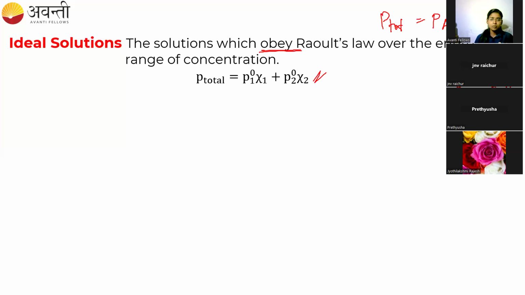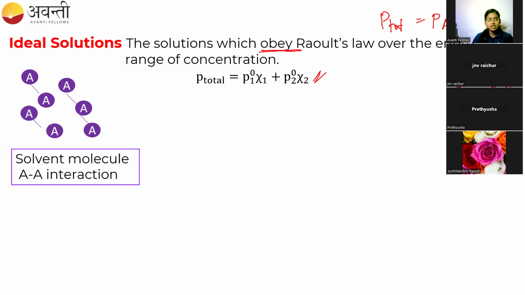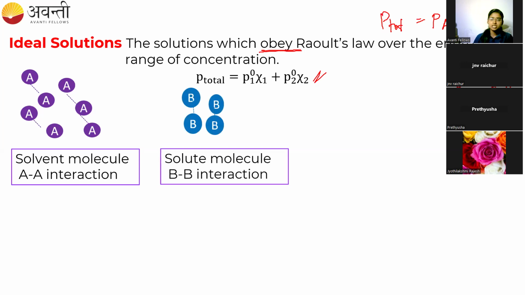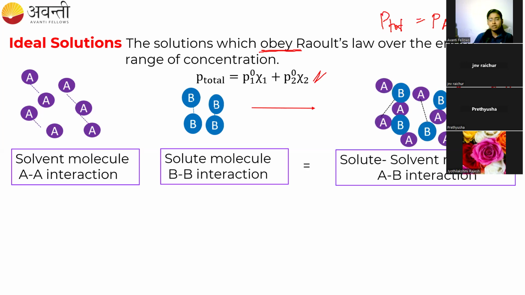Got it? We have two components A and B, or I can take them as 1 and 2. Mostly A will be the solvent and B will be the solute. A is a solvent molecule in which AA interaction is present inside the system, and B is a solute molecule and BB interaction will be present. Now if we combine these two, A plus B, we will have AB interaction, in which the solute interacts with the solvent molecule.